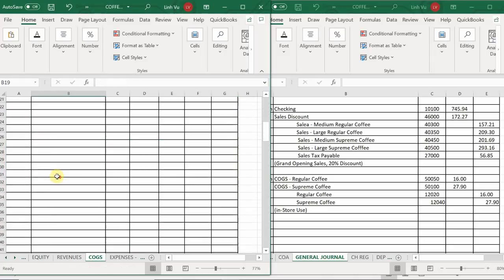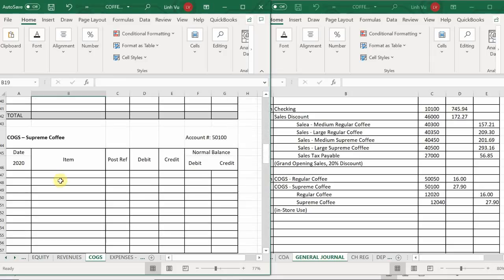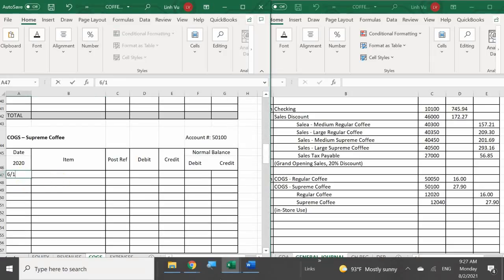We're going to go down to my cost of goods sold for Supreme Coffee. Right.